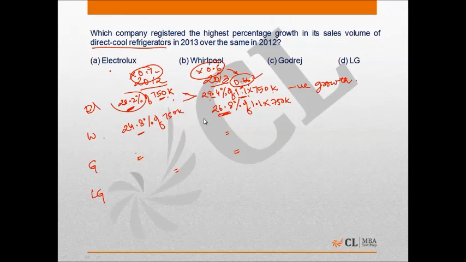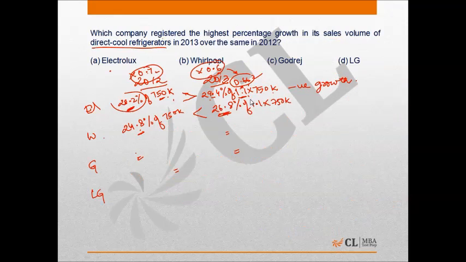If you look at the Whirlpool scenario, we have 26.8% of 1.1. So there is a definite increase, and the increase is almost a quarter of 750,000 units.